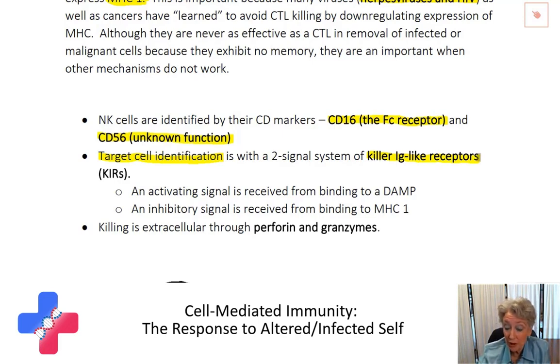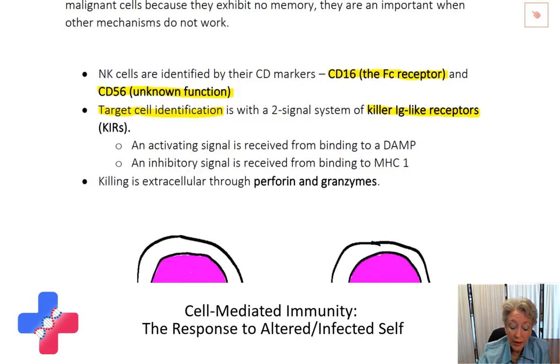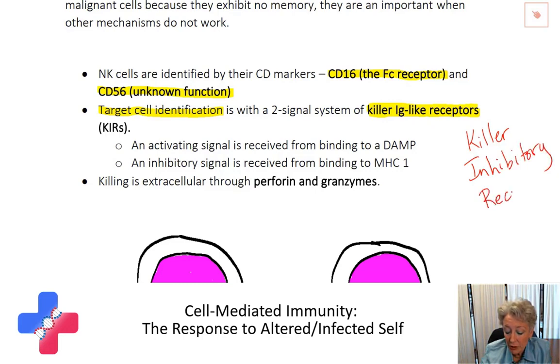immunoglobulin-like receptors, or KIRs. Now, there has gotten to be a little bit of confusing terminology in the literature because some people apparently did not realize that KIR stands for killer immunoglobulin-like receptor, and they use the abbreviation for something entirely different, which is killer inhibitory receptor. Okay? We are not going to use that terminology.